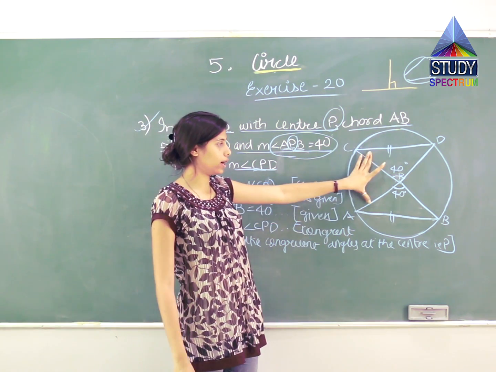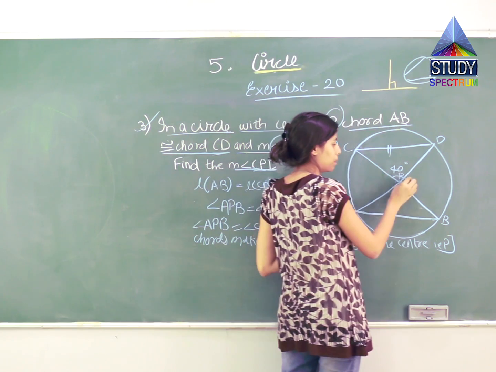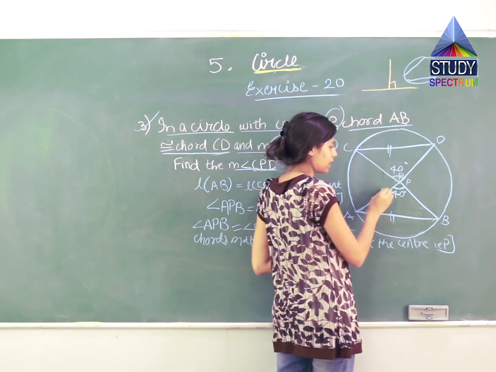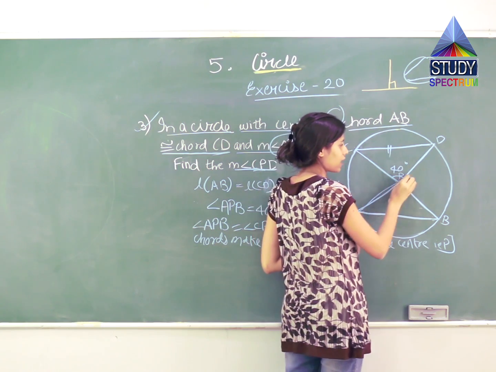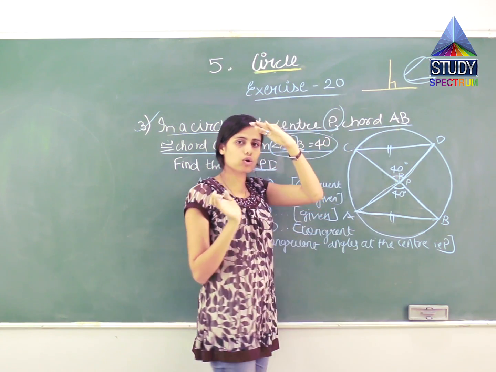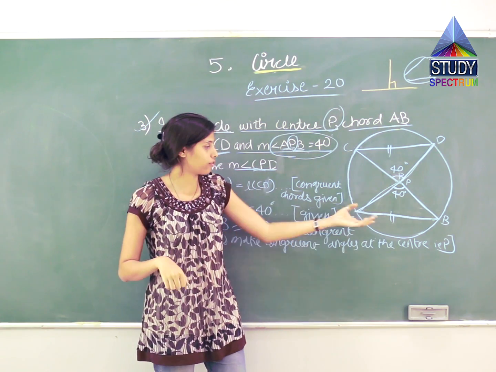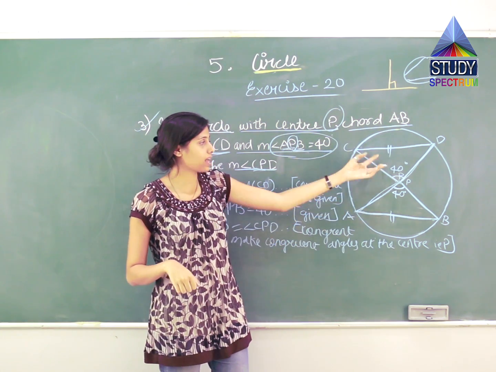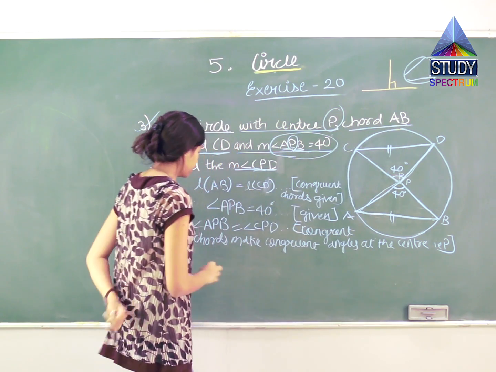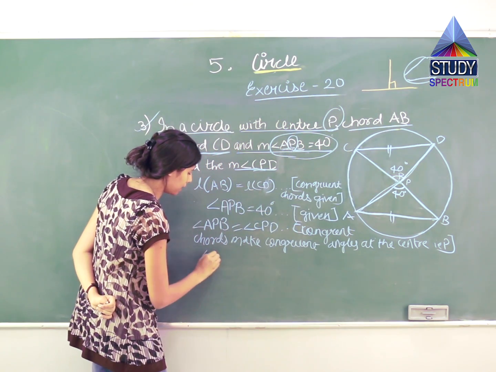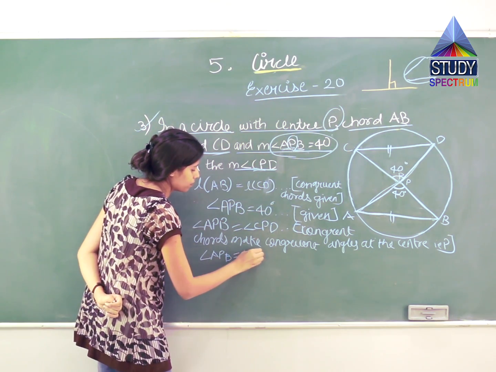So when these congruent chords make a center angle, over here the center is P, and this chord makes a center angle over here, and this chord also makes a center angle over here. So when the chords are congruent, the angles made by them at the center will also be congruent. So if AB is equal to CD, the angles made by both at the center will also be congruent. Now let us write angle APB is equal to 40 degree.